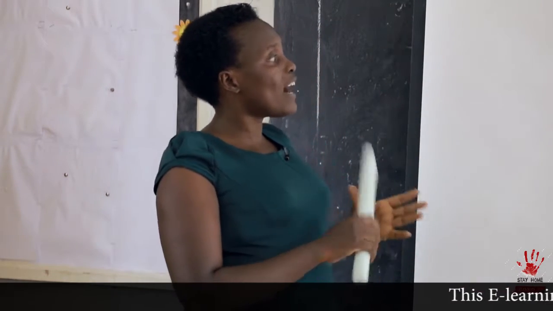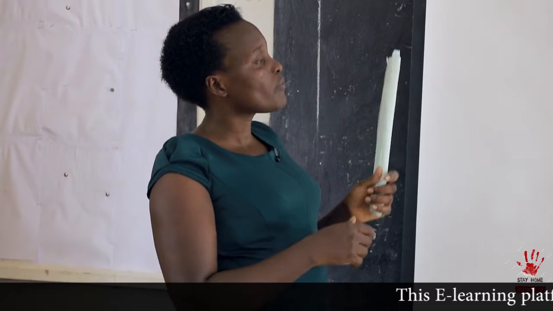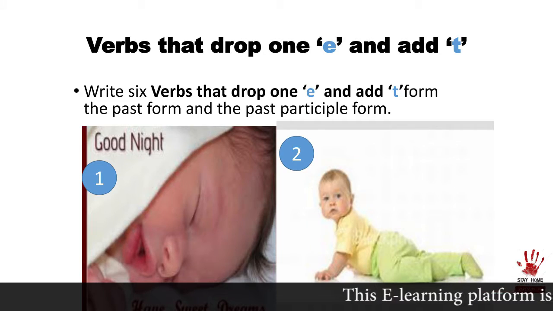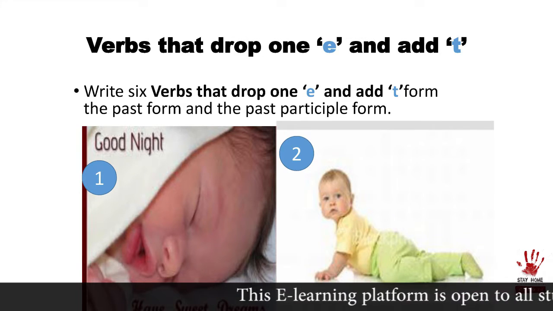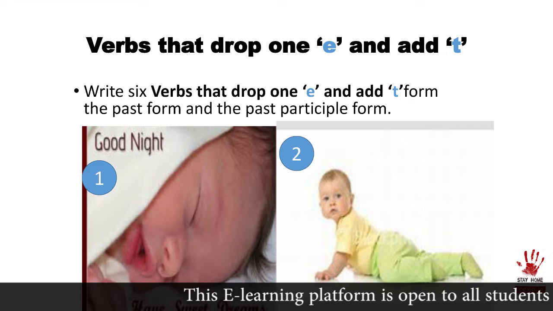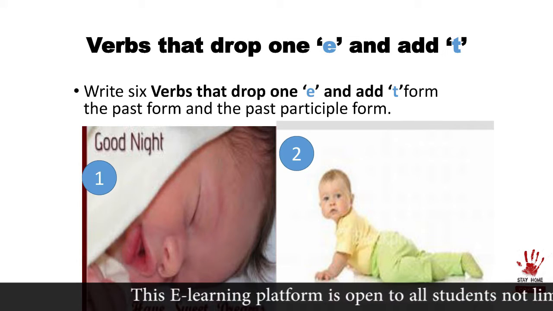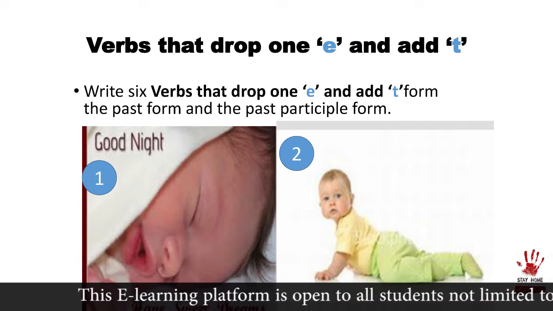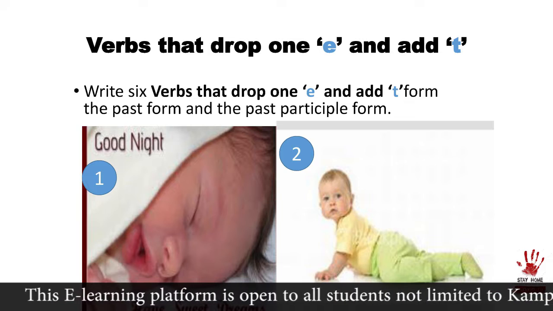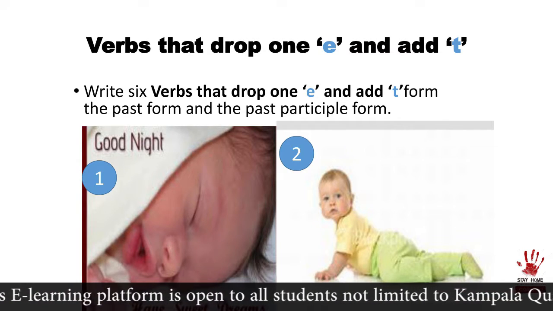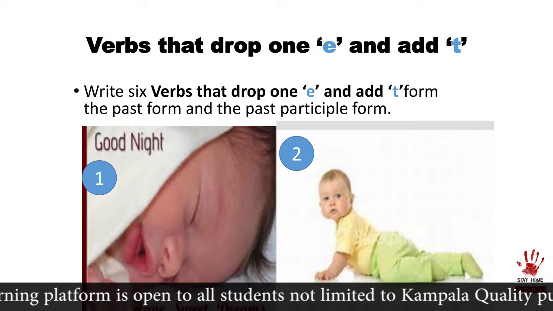So at our first pictures, we had this one, picture number 1, the baby is a newborn baby sleeping. The verb is sleep. Now when we have the word sleep, drop a single E, add T at the end, it becomes slept.